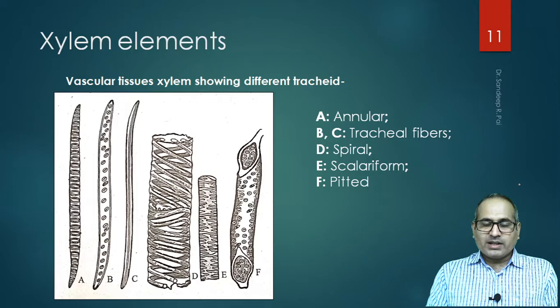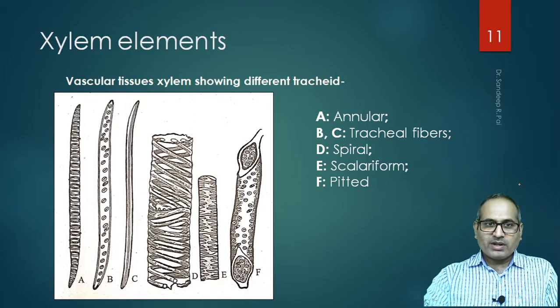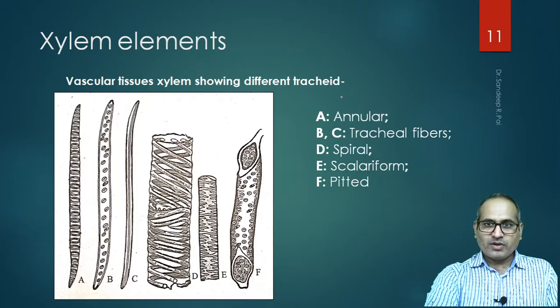And that's why we say that xylem tracheids also provide mechanical support. Xylem elements, into that we have seen xylem tracheids. Let us find out the different types of xylem tracheids as mentioned earlier. First, annular. So you will see that annular rings are there here. Annular means ring like. Then B and C both are tracheal fibers.